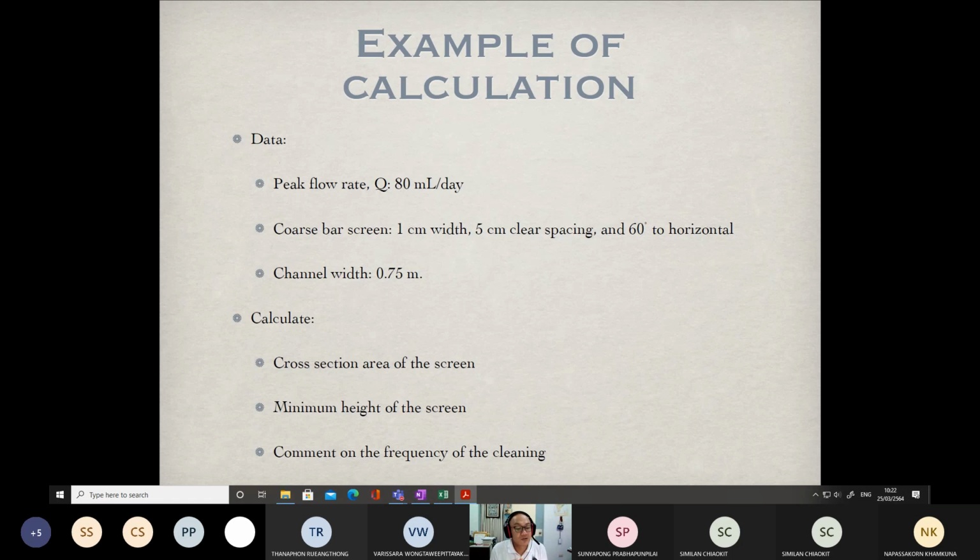So this is a kind of frequency of cleaning. Basically, we have to find out the head loss so that we will know at what frequency we have to conduct the cleaning again. So this is a kind of question and the information that will be provided.